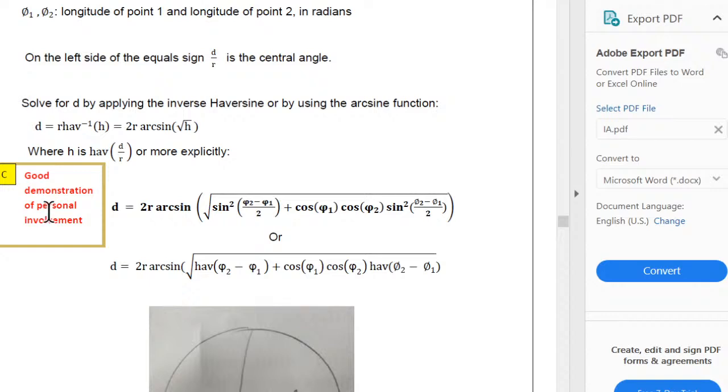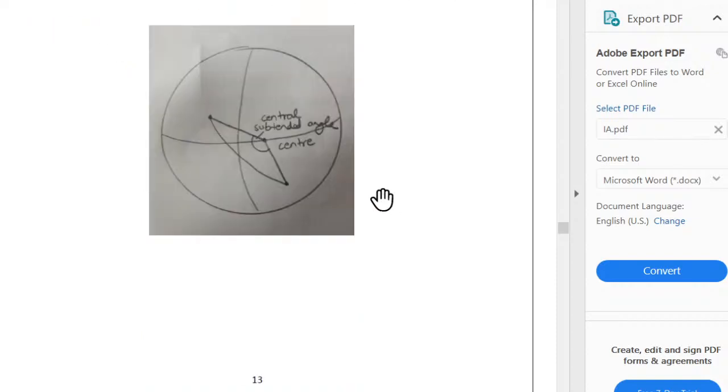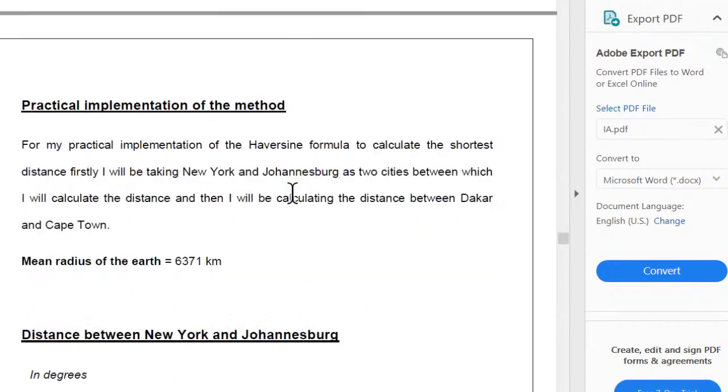I wouldn't say it's personal. I wouldn't say it's good demonstration. I would say it's some demonstration where we actually did some algebra. Okay, so you have the angle, and then you have this. It's the same for cities.